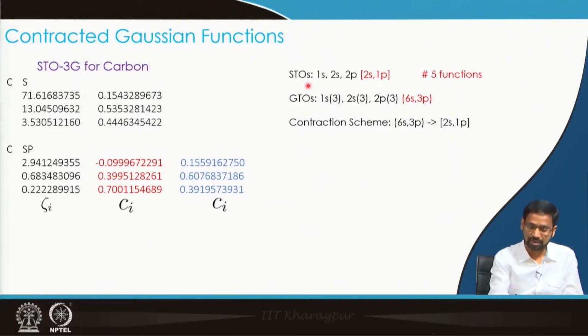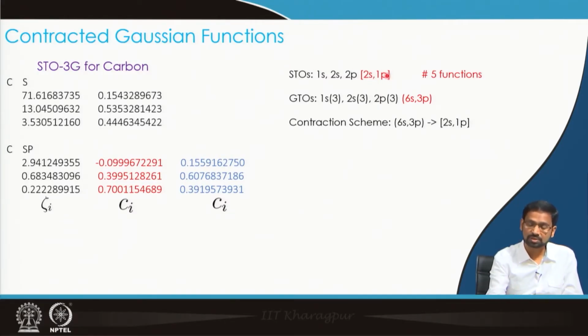So the essential orbitals are 1s, 2s and 2p. These 3 types of orbitals we want to define in terms of Slater type orbitals. When we combine them, essentially we need 2 s type Slater orbitals and 1 p type Slater orbital.